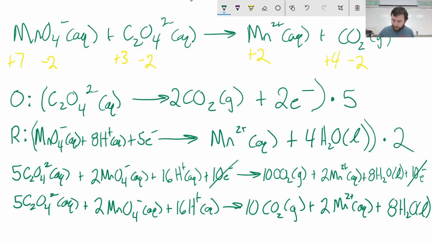Okay, and that would be our balanced equation if this were in acidic solution.